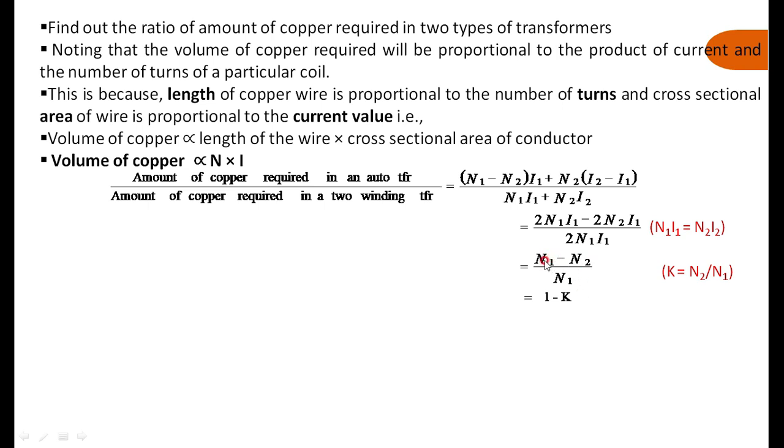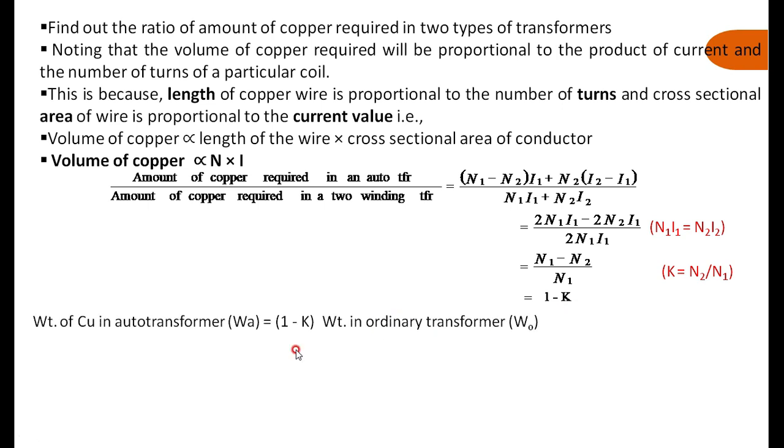Then what I am getting here is 1 minus N2 by N1, and N2 by N1 is nothing but K. Therefore, I am getting 1 minus K, since N1 divided by N1 is 1. Therefore, the amount of copper required in the auto transformer to the amount of copper required in the two winding transformer is equal to 1 minus K.